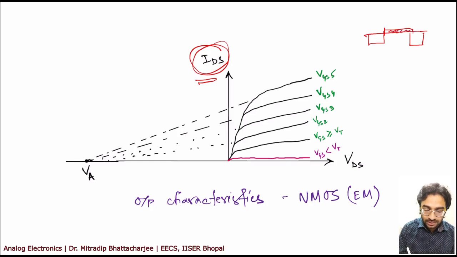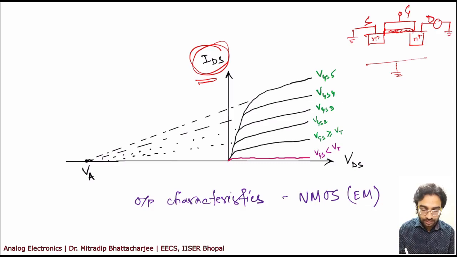if your VGS, that means, say this is your device, okay, this is your gate, this is source, this is drain, so you generally ground this, so you have some voltage over there, okay, and you have some voltage also over here, okay. So if you put small VGS value which is less than Vt, as I have said, you need at least Vt value to form the inversion layer, otherwise the channel will not conduct.